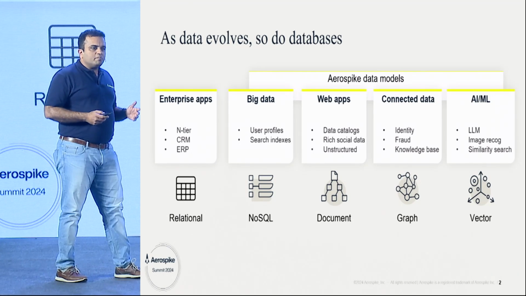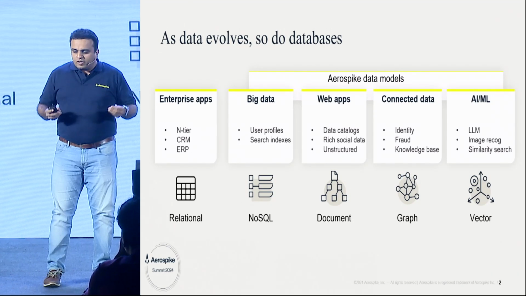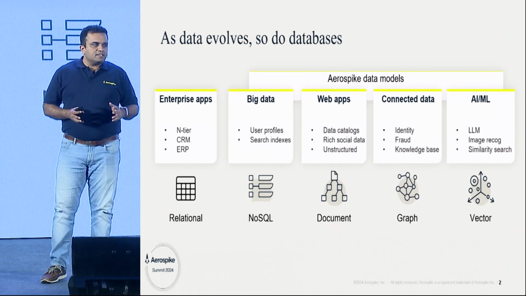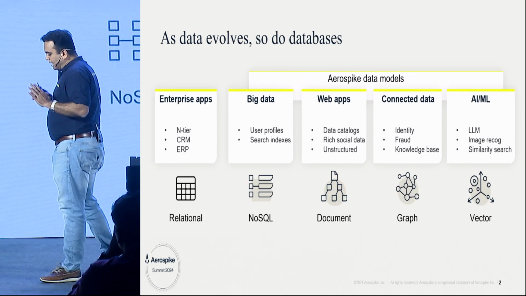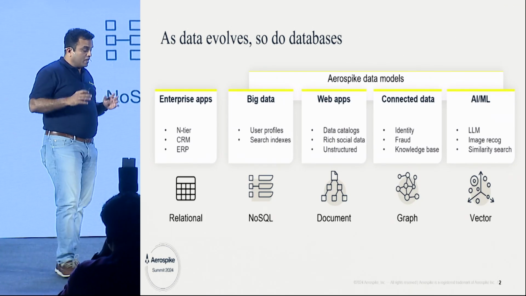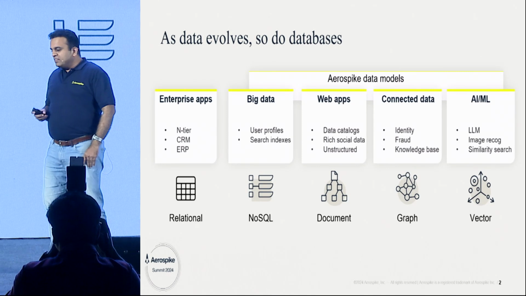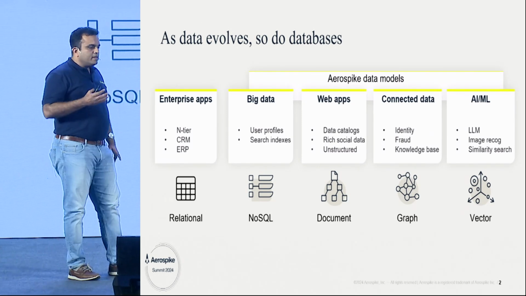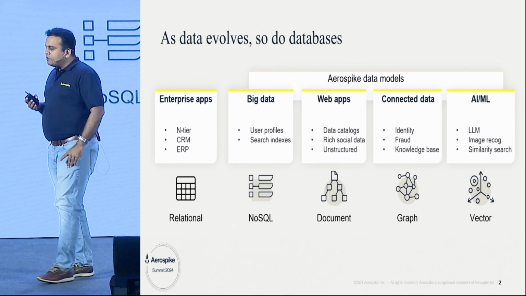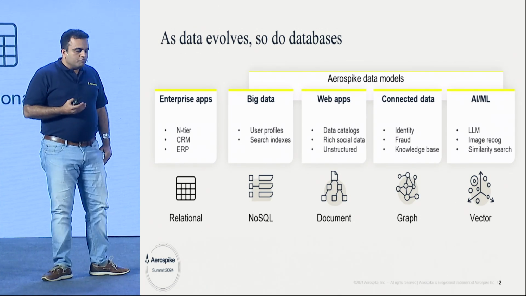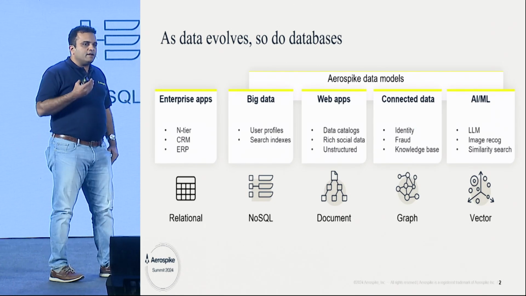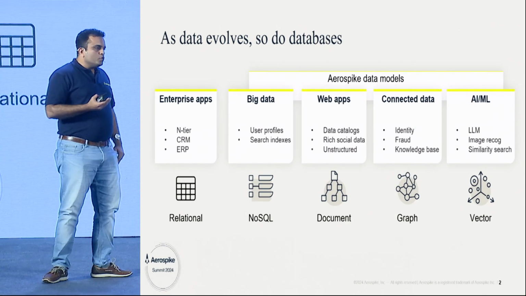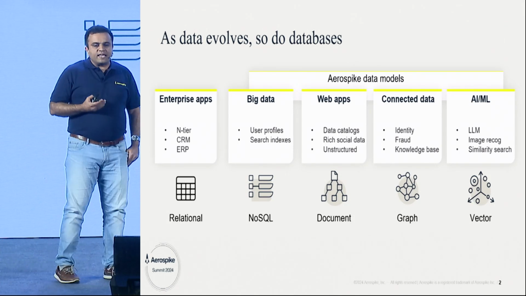Then came the internet boom and the need for applications to do user profiles, search indexes, basically manage high volume, high throughput applications, which brought in the need for NoSQL databases. So there's been an evolution in the kind of applications being built for the need of the hour, the kind of data they generate, and the kind of databases you need in the background to persist and retrieve that data.